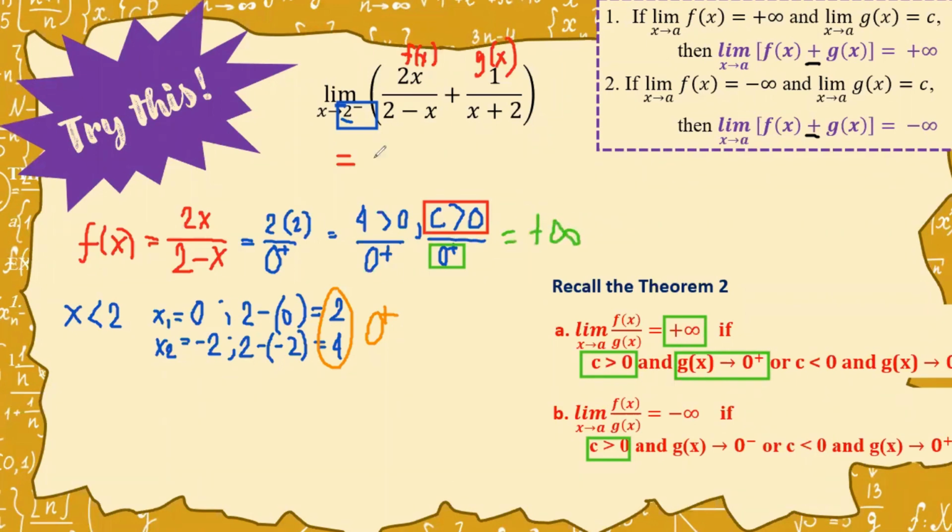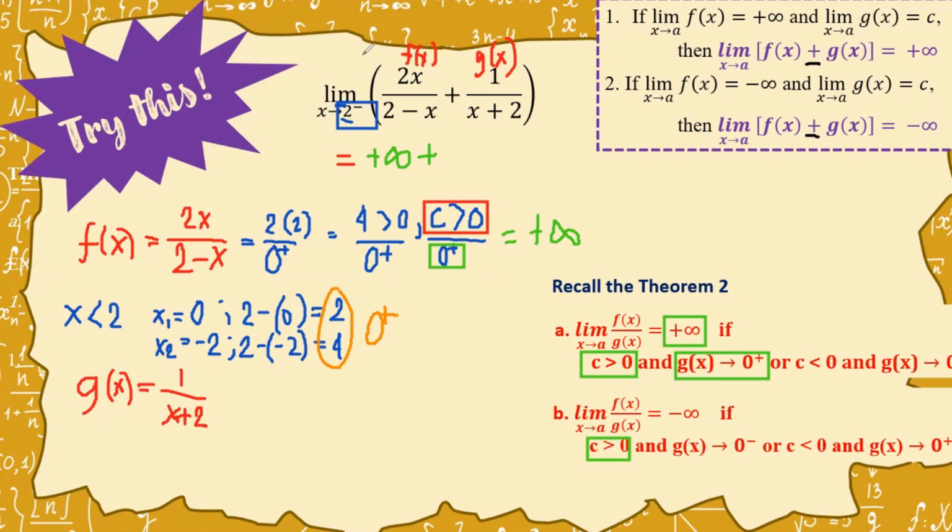So, result natin dito, positive infinity plus, okay, si g of x naman. Hanapin natin si g of x. So, g of x is equal to 1 over x plus 2. Ayan. So, substitute natin again the value of our approach. What is the approach? Positive 2.